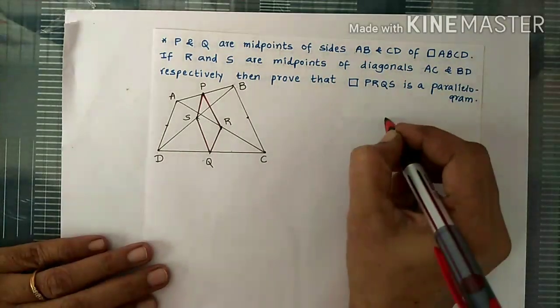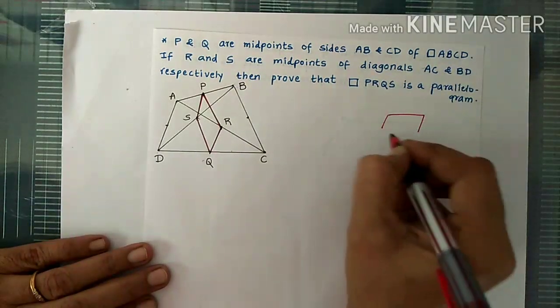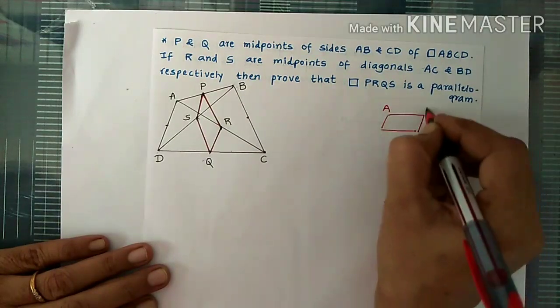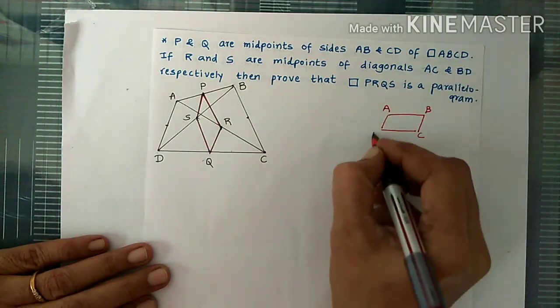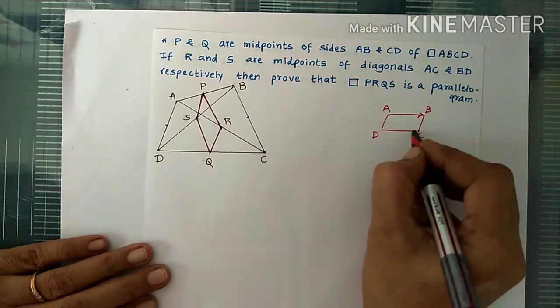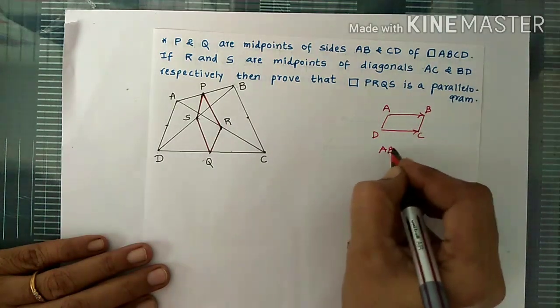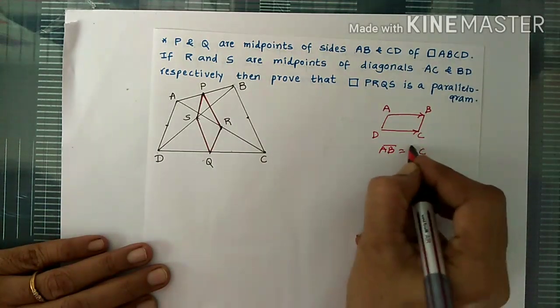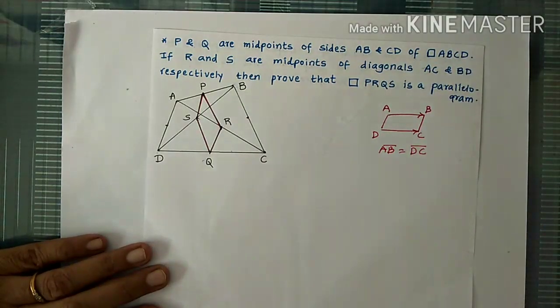So if we have to prove a quadrilateral, say ABCD, as a parallelogram, what we have to prove is that AB bar equal to DC bar. See, in a parallelogram, what we have is opposite pair of sides. They have equal length and they are parallel.